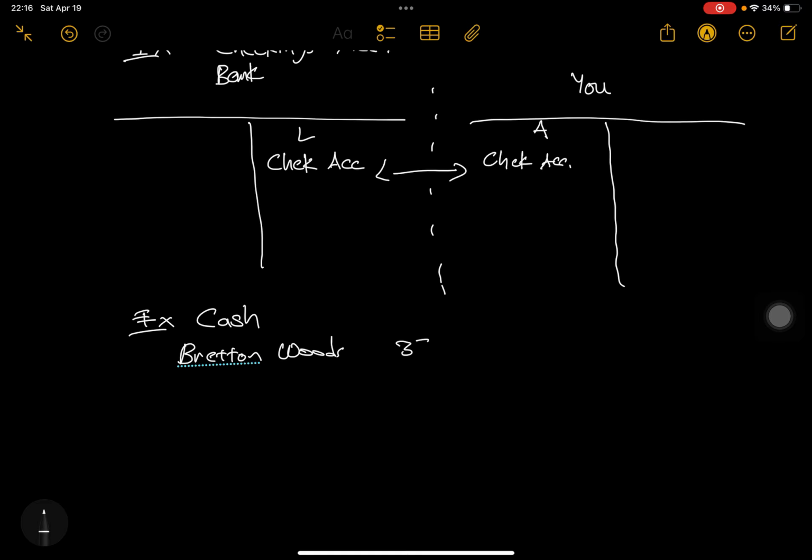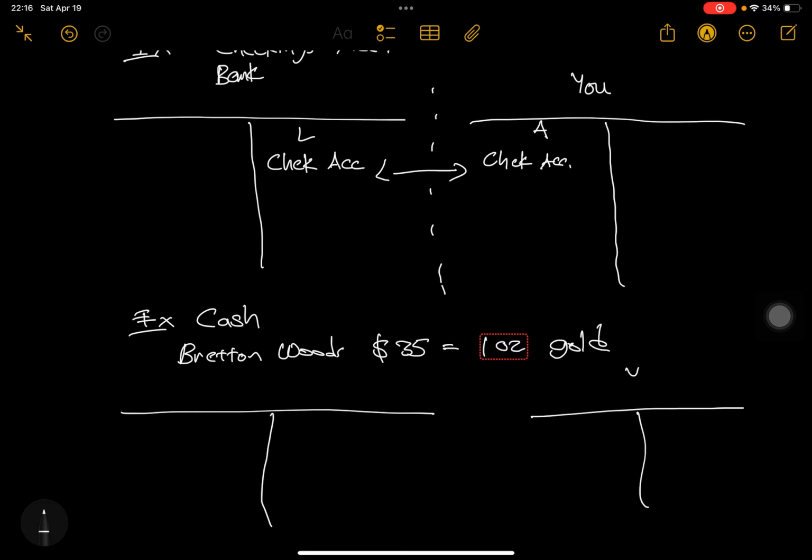was $35, which is equal to 1 ounce of gold. So under this view, you would have a balance sheet system that looks like this, where you are over here, you have, let's say, $3,500 of cash.